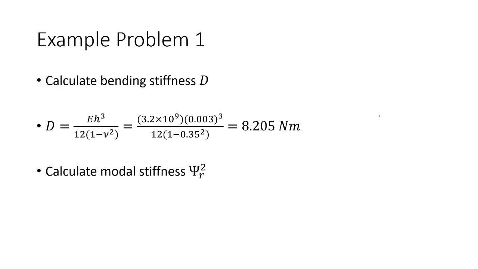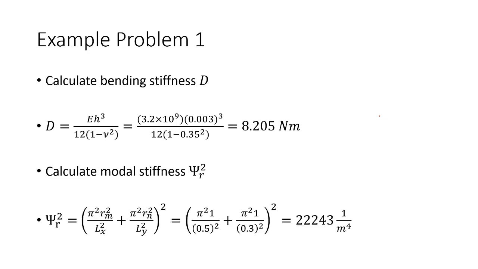Next, we need to calculate the modal stiffness, psi sub r squared. And that's going to be pi squared r sub m squared divided by L sub x squared plus pi squared r sub n squared divided by L sub y squared, quantity squared. R sub m and r sub n are both 1 in this case because we're using the 1-1 mode.